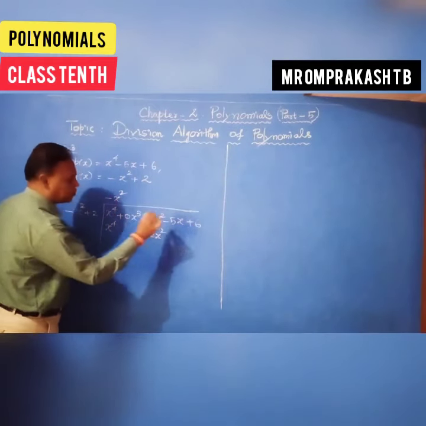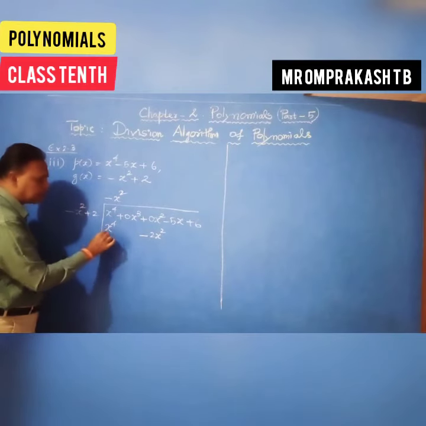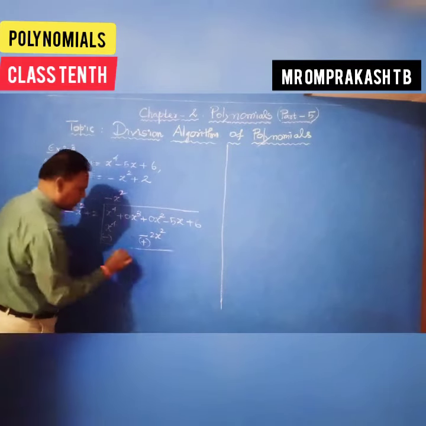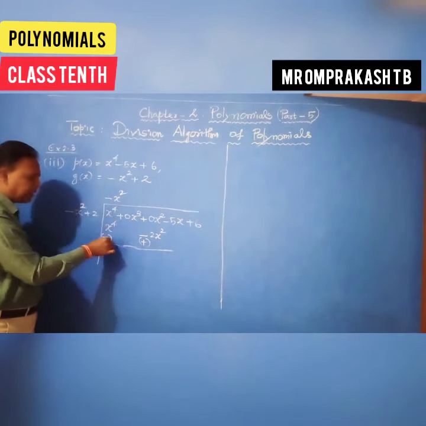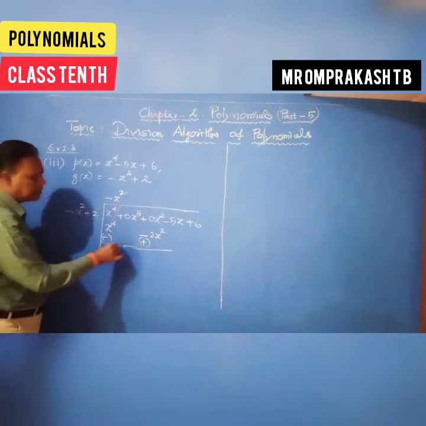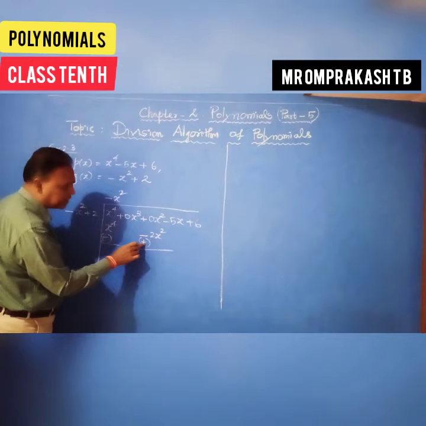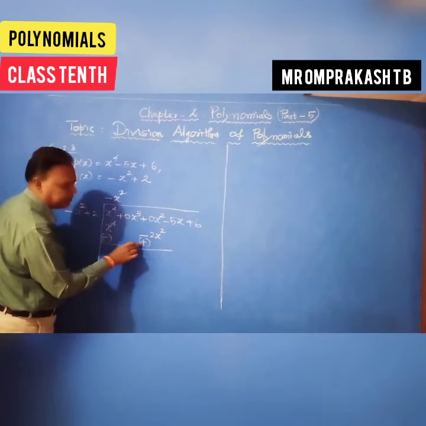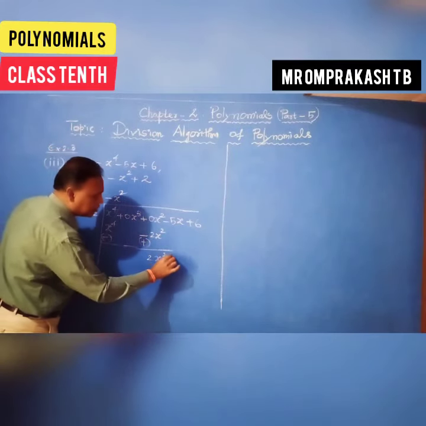Minus 2x squared. Okay, now subtract. Plus means minus, minus means plus. Now 1 plus 1 minus eliminated. So this one leave it. Now 0x squared plus 2x squared. Always take the new sign here. So plus 2x squared, that is 2x squared, right?